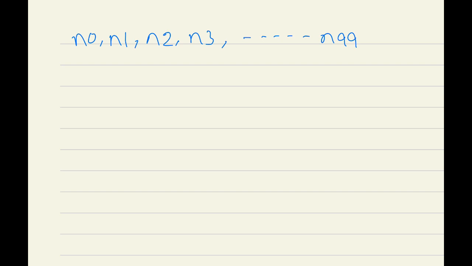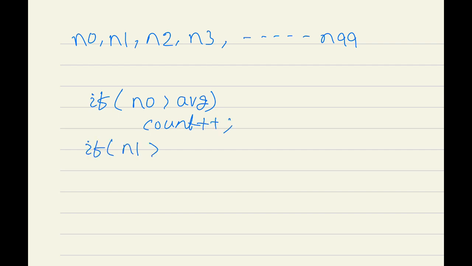Then again we need to write the identical code 100 times, like if n0 greater than average, count plus plus. Similarly we write if n1 greater than average, then count plus plus.